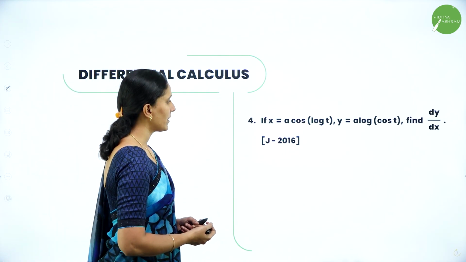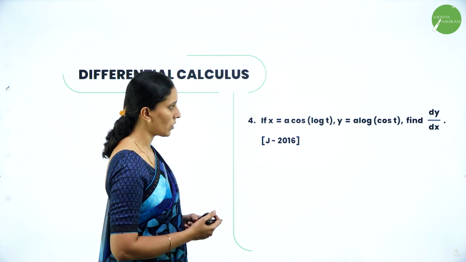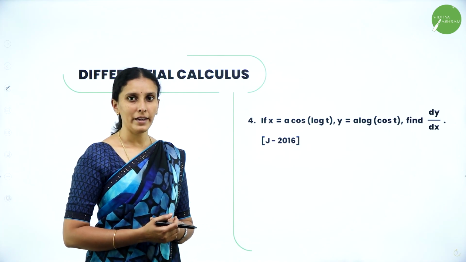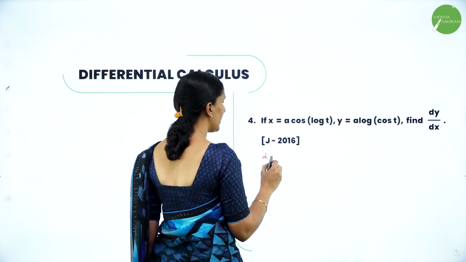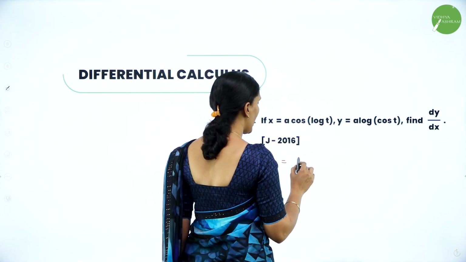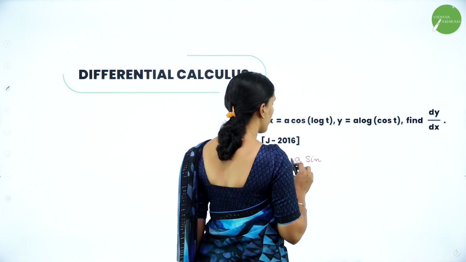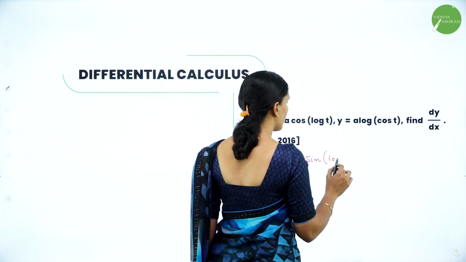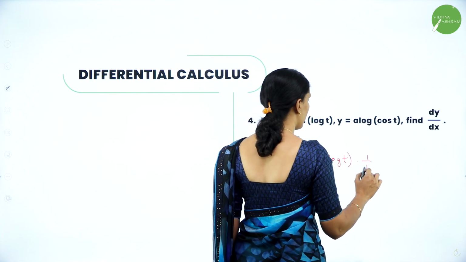Next, if x is equal to a cos of log t, y is equal to a log cos t, find dy by dx. So here let's take dx by dt because the parameter is t here. So derivative of a cos of log t is minus a sine of log t, and derivative of log t is 1 by t.